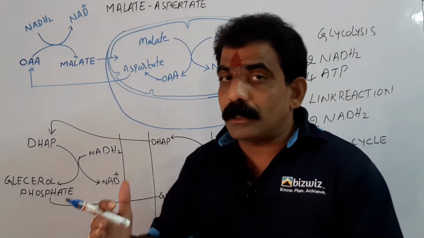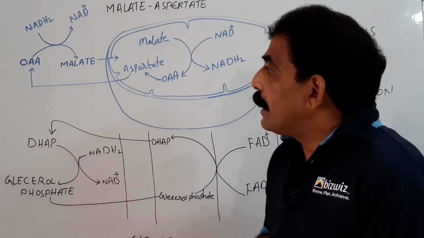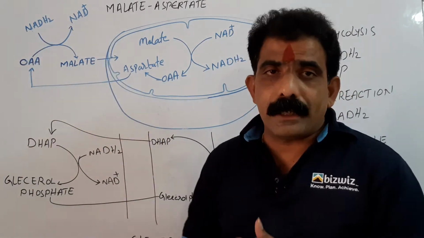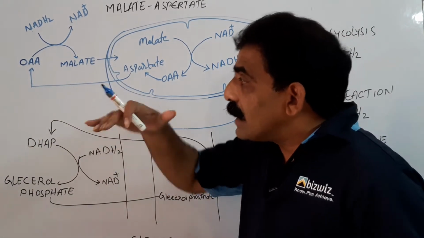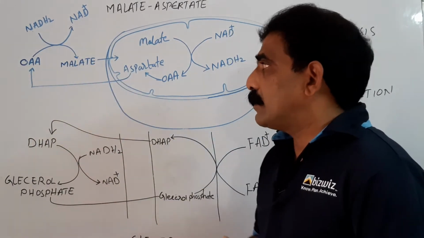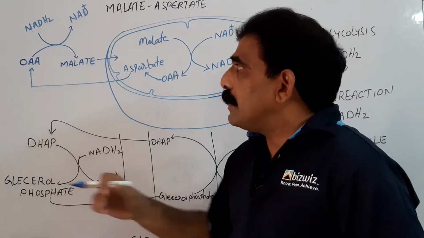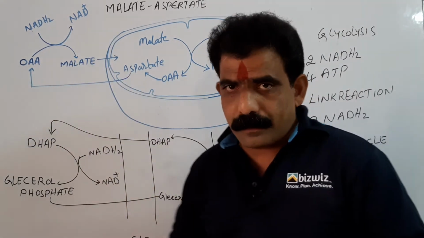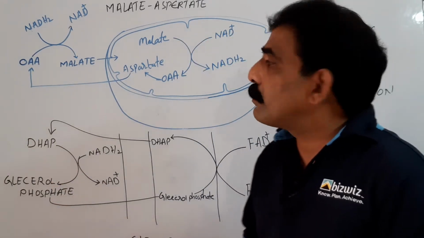Actually, the NADH2 which is produced in glycolysis transfers its reducing equivalents to oxaloacetic acid, which results in the formation of malate. Simultaneously, NADH2 is oxidized to NAD+. So now malate is formed in the cytoplasm itself.